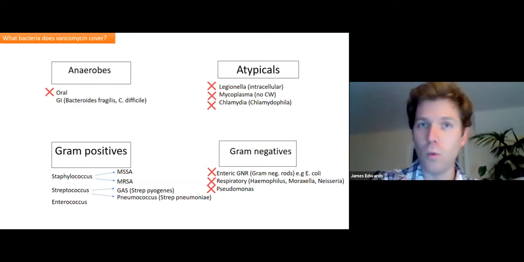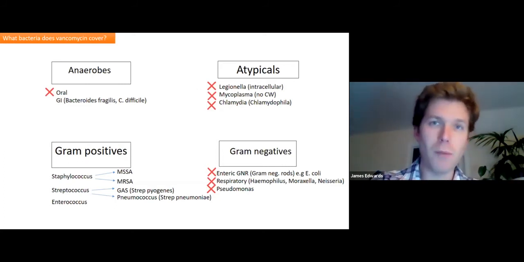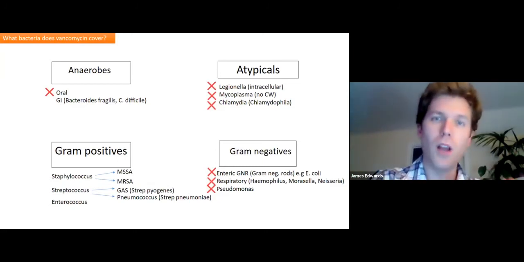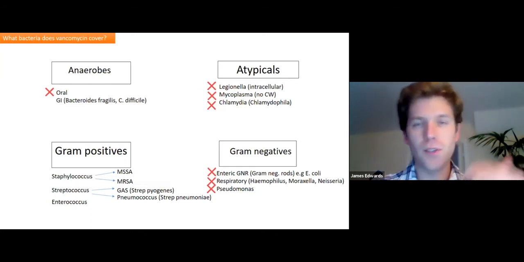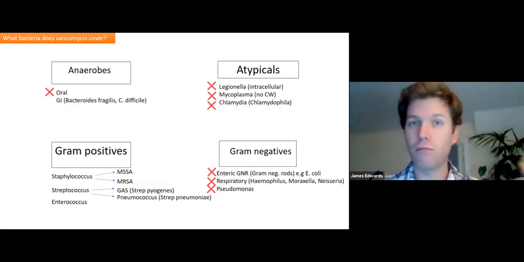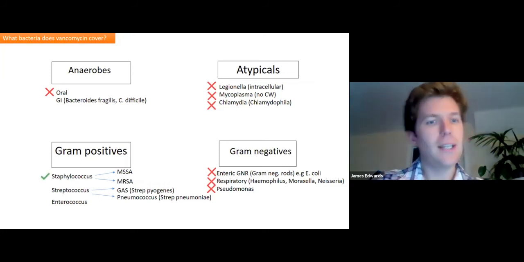Vancomycin works on the cell wall. The atypical bacteria may not have a cell wall. It's also a large molecule which physically can't get into the gram-negative. So it can't get to the cell wall because the gram-negatives protect it with an outer membrane. So therefore, we're talking about treating gram-positives.